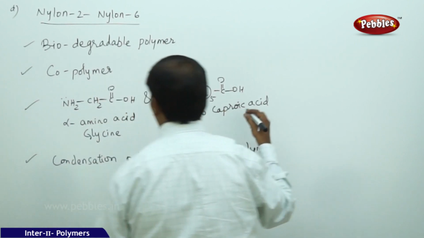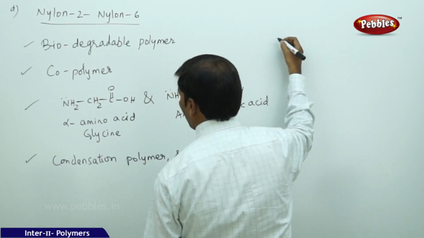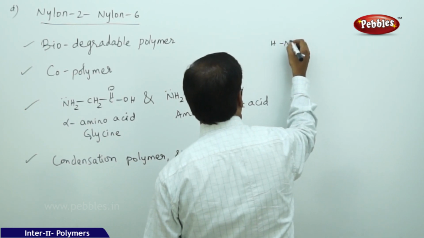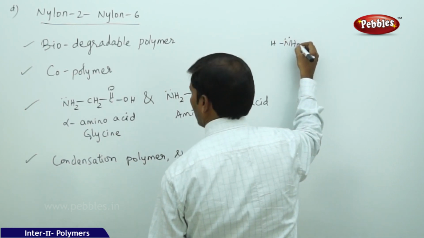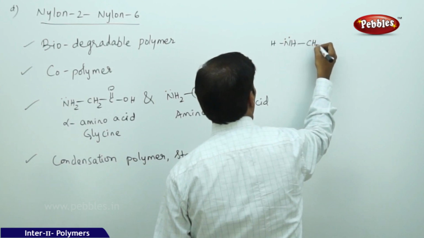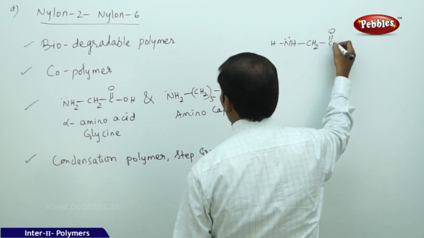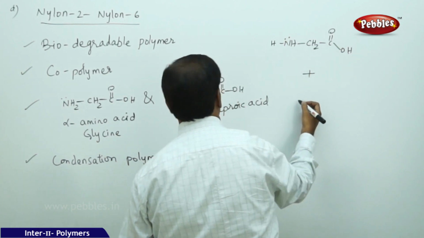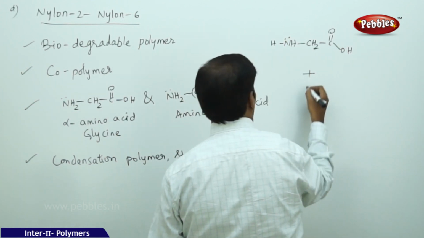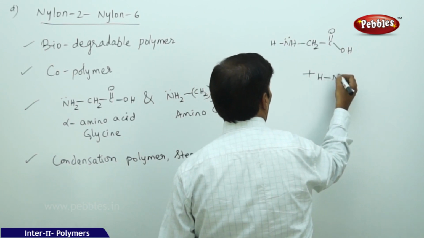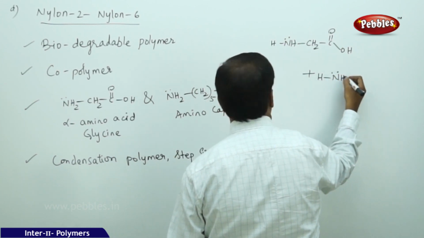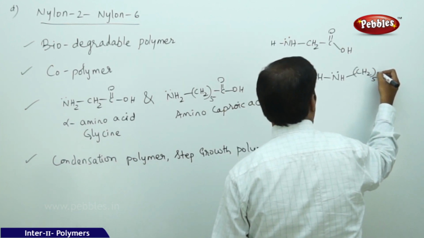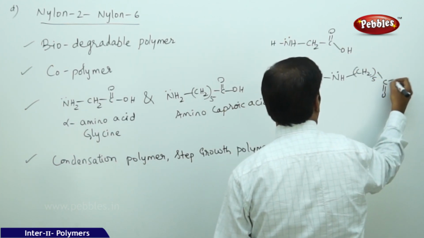So if you take the two monomers, H of NH single bond of CH2, carbon double bond oxygen of OH, plus again H of NH of CH2 taken 5 times of carboxylic acid of OH.